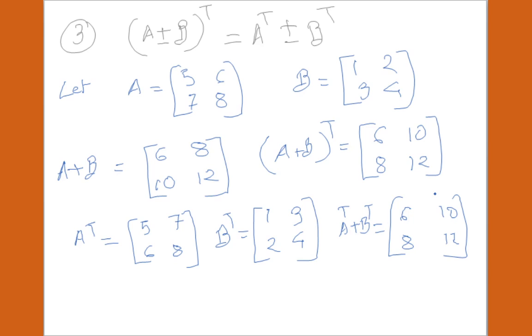Now comes to the last property, that is the fourth property. So the fourth property is (AB) transpose is equal to B transpose into A transpose.